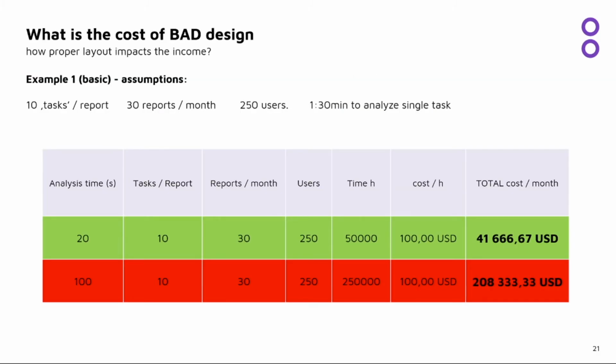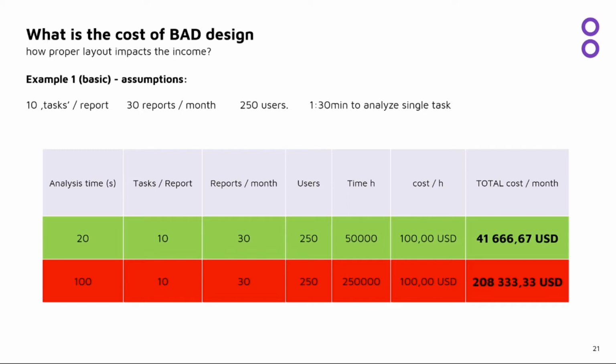But well, what is the real benefit? It comes down to the money. So imagine that you have a task which takes about 1.5 minutes to analyze. You have 10 tasks per report, and you have 30 reports to analyze per month. Then you have 250 users in your organization which need to work with these reports on a monthly basis or day-to-day basis.